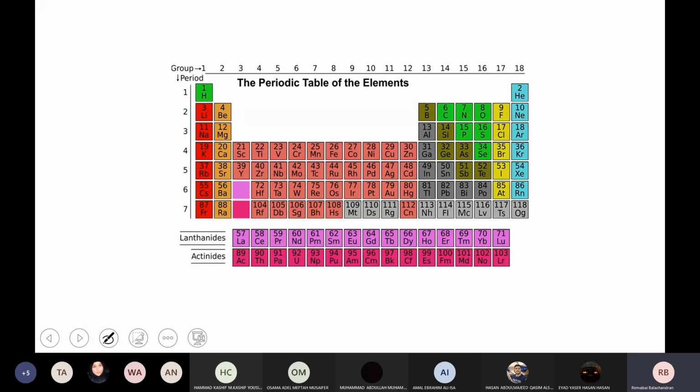Groups total, there are 18, starting from 1. This is the last group. Then how many periods are there? Horizontal rows, how many are there? Kamil? 7. This all of you know.